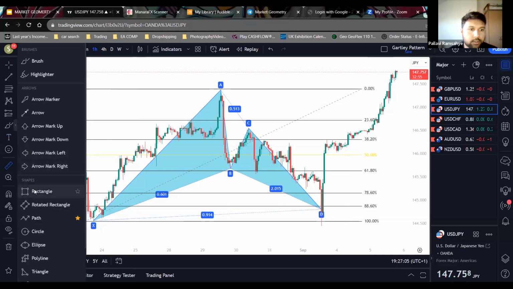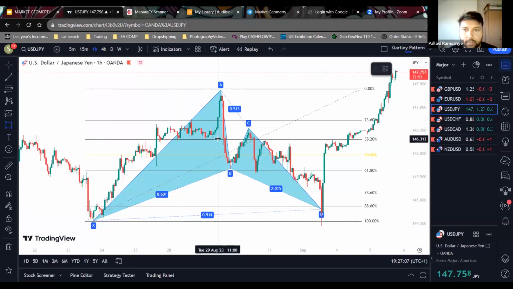So we need the price to fall between 38.2 and 61.8. So this is point B, right? So this green zone right here, if price goes above or below this green zone, it means that the pattern is invalid.